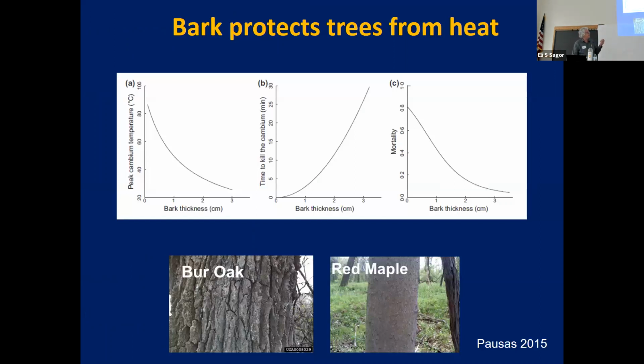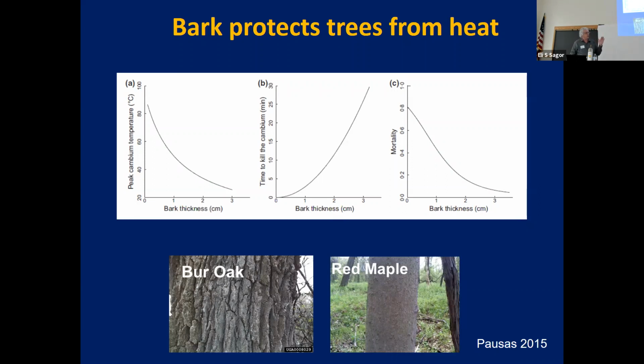Larger oak trees, or larger trees of any species, have thicker bark than their seedlings, and bark thickness is one of the major characteristics that helps insulate the cambium and protect it from the heat of fire. Now, even our low intensity dormant season burns, even the wimpiest burns, are hot enough to kill plant tissue.